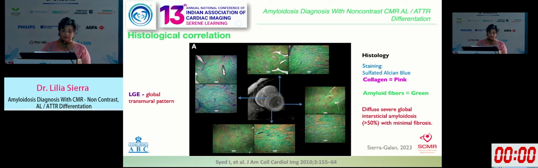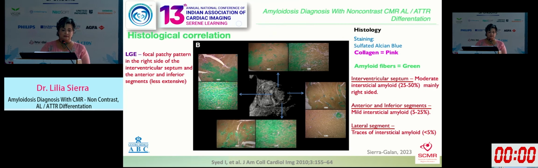And with that, see that almost everything is diffuse interstitial amyloid in this case, with minimal fibrosis. But see this case. This case has very large LGE with different patterns.